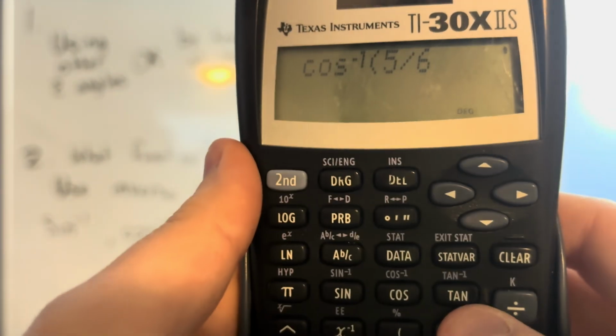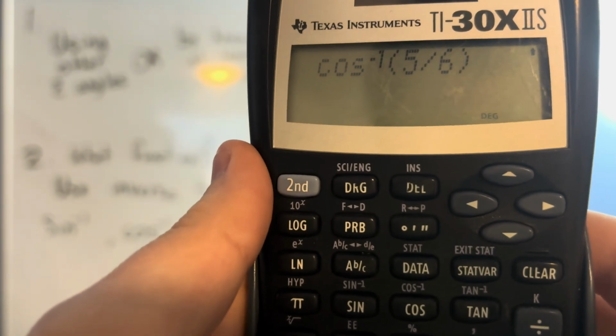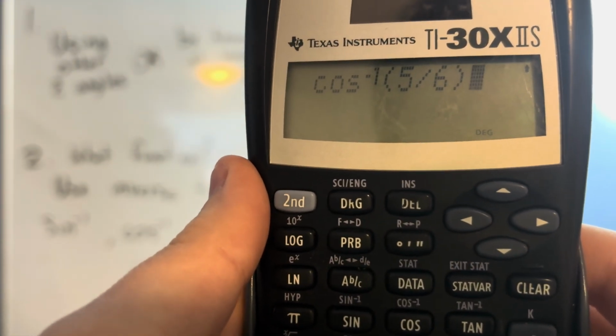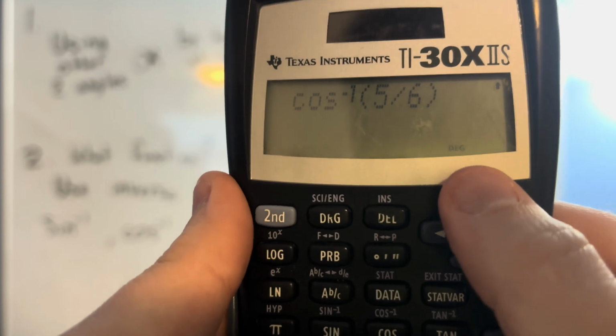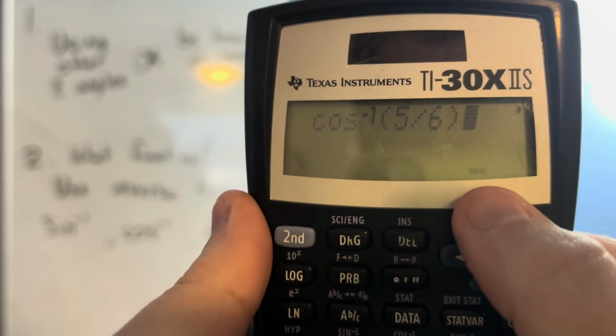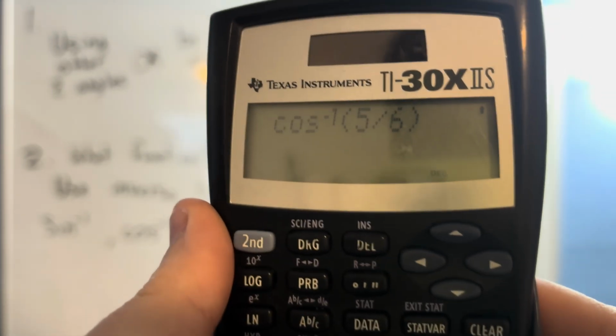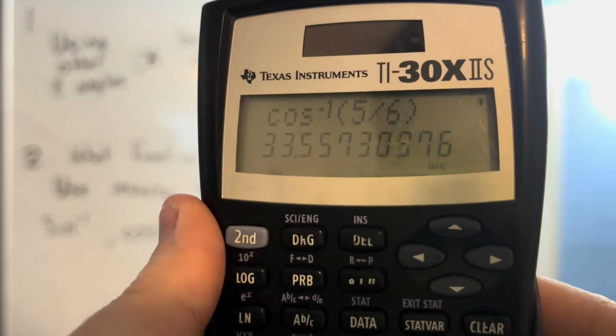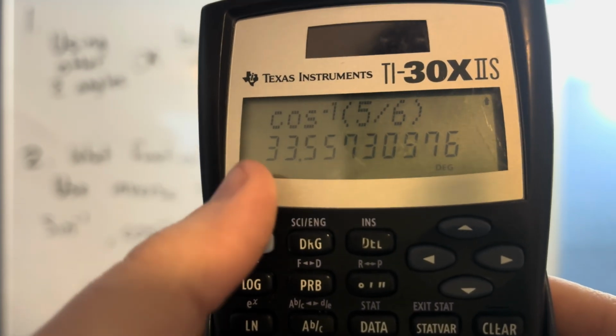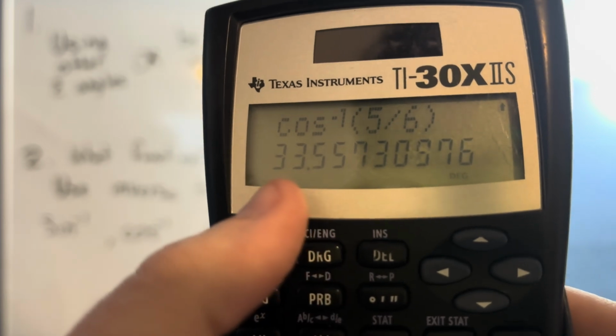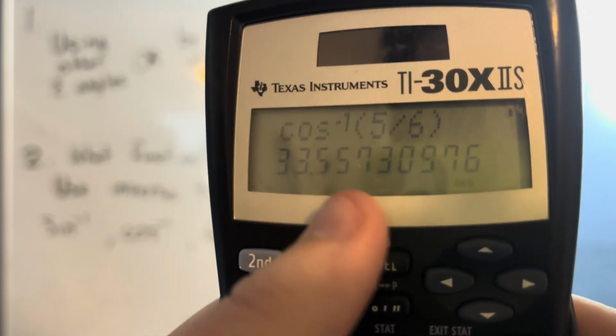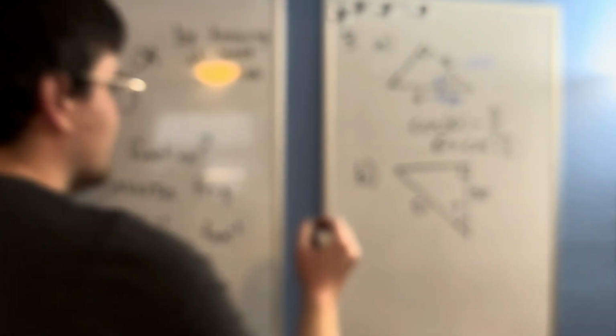It should look like that, and from there I can press enter. Just like we talked about yesterday, make sure this is showing degree because we're trying to find the degree of the angle. We press enter and we get a nice number. Let's round this to 2 digits again: 33.56. So theta is approximately 33.56 degrees.